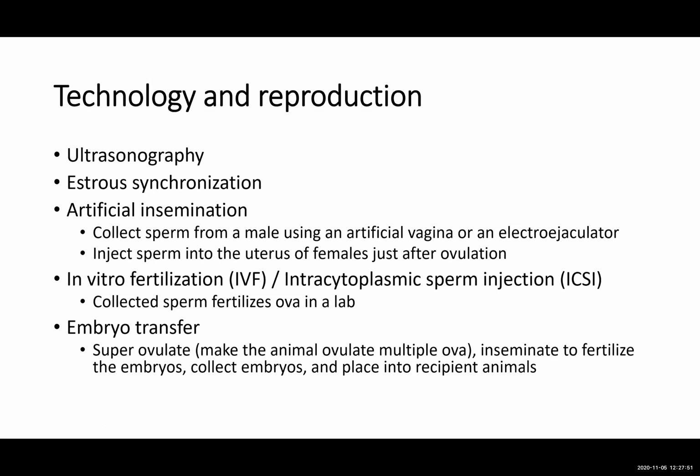This is basically done where a tube is taken and you put it in through the vagina, into the cervix, and release sperm just on the other side of the cervix so that it can come in contact with the ova. We have two things known as in vitro fertilization or intracytoplasmic sperm injection, or ICSI. So IVF and ICSI, these are basically where fertilization occurs in a lab. And then we have embryo transfer.